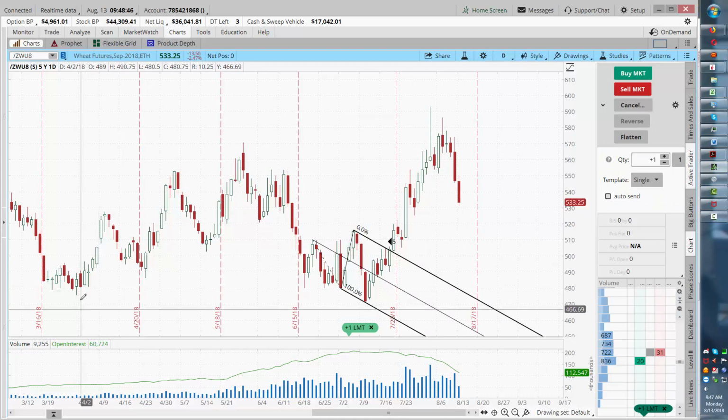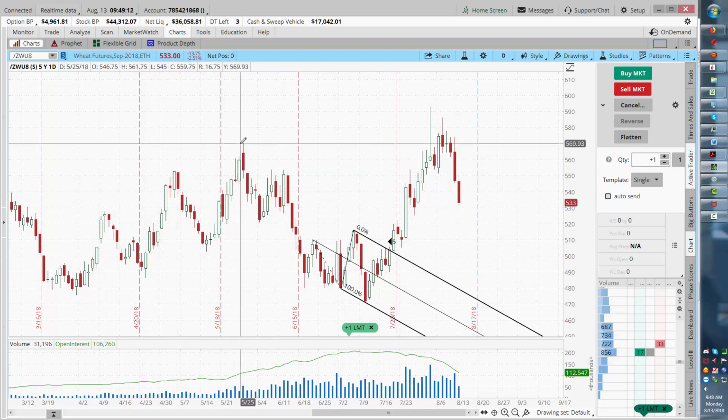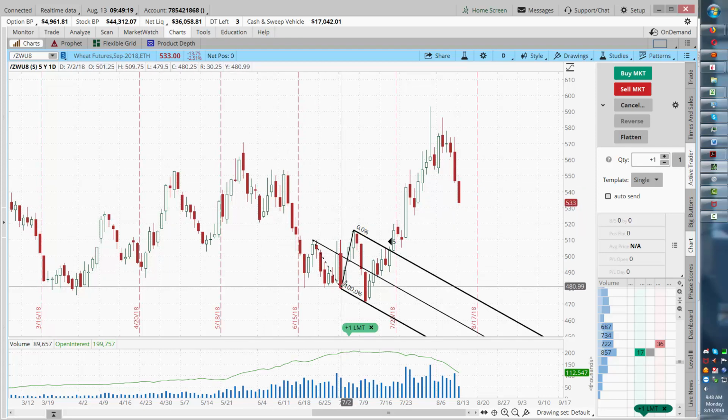Here are some basics. Normally a market goes up and down, and the theory is there's a trend that goes up and a trend that goes down. Let's see a nice easy example of this. You have a 1, 2, 3 down, 1, 2, 3 up, 1, 2, 3 down.